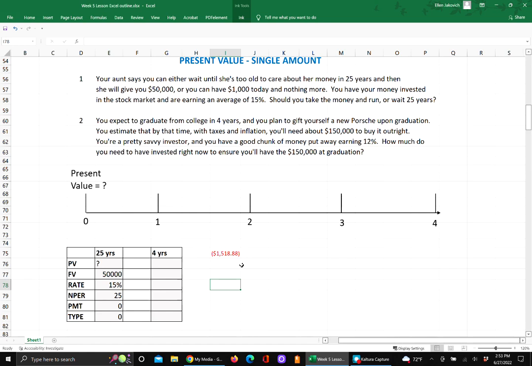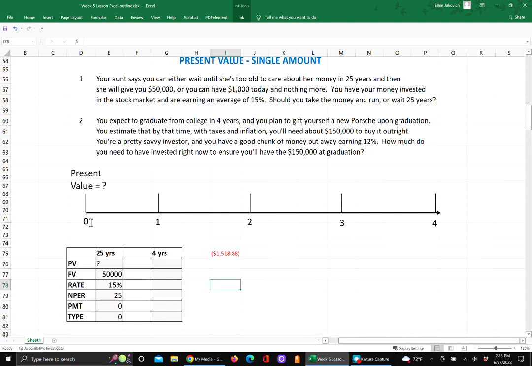$1,518.88. So the $50,000 in today's dollars is worth just a little over $1,500 as compared to getting $1,000 today. I could put a little over $1,500 right here, wait 25 years, and it would be worth 50,000.